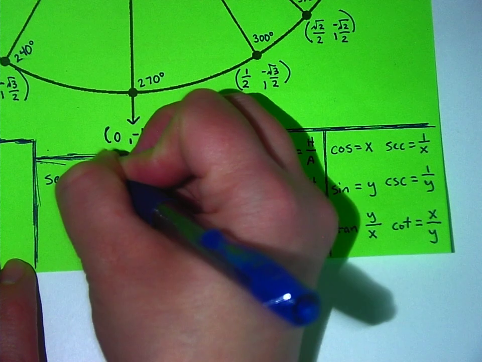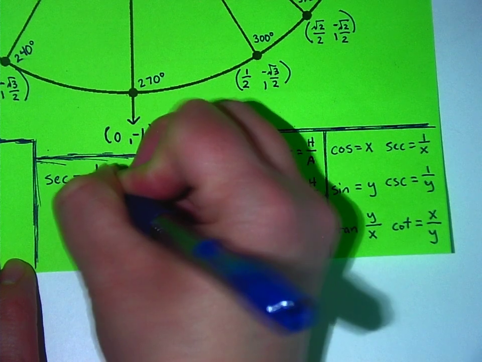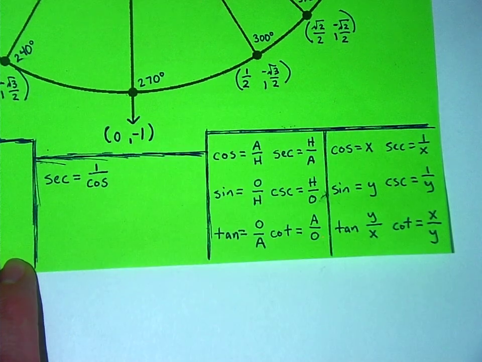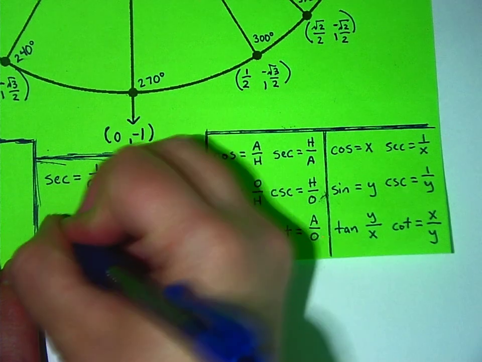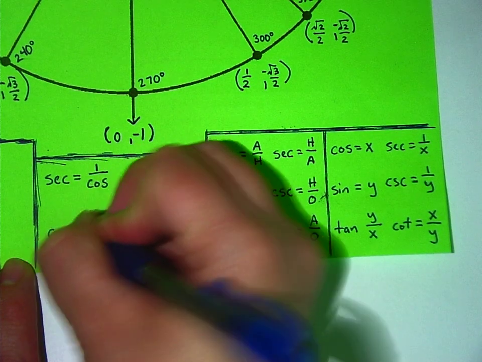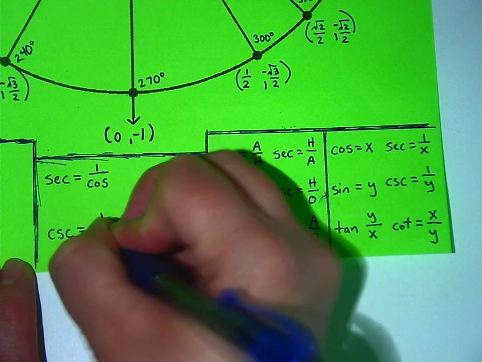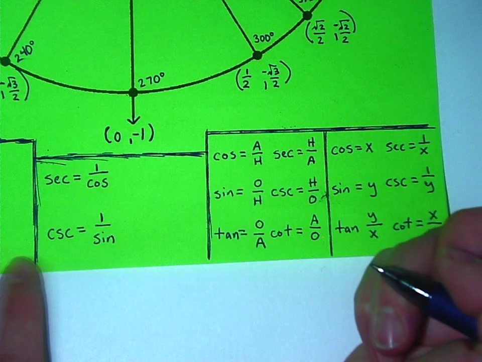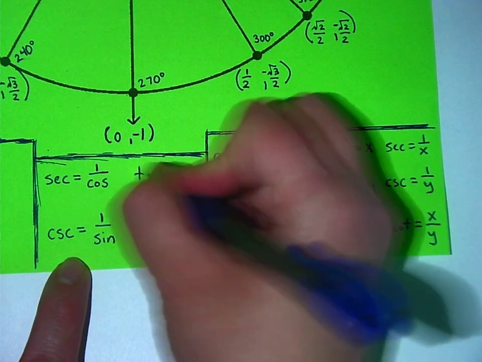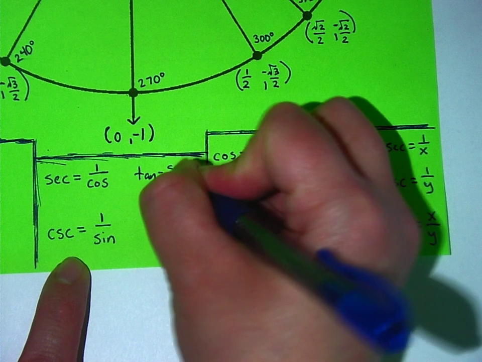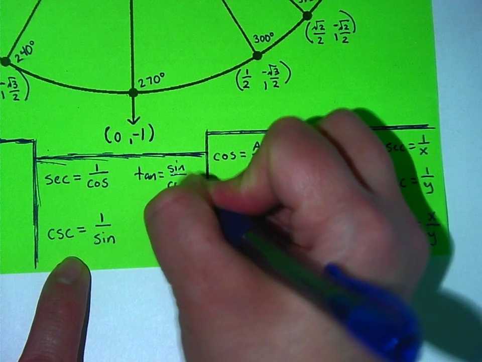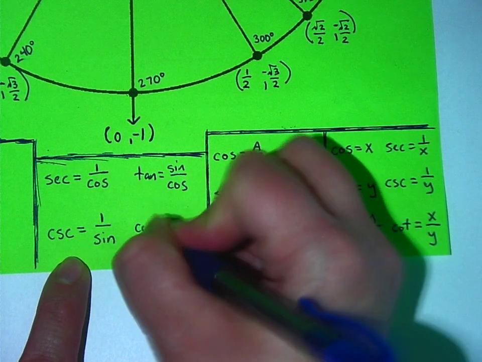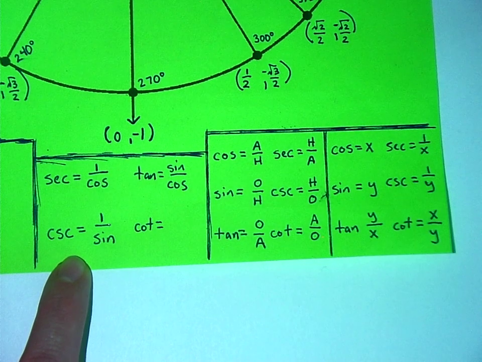Secant is 1 over cosine. They're inverses of each other. And cosecant is 1 over sine. Tangent is sine over cosine. And cotangent is what?